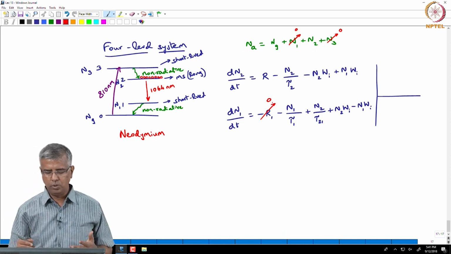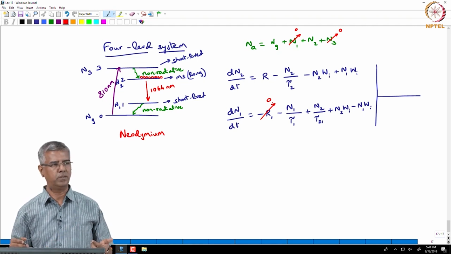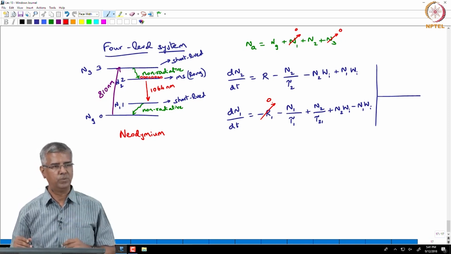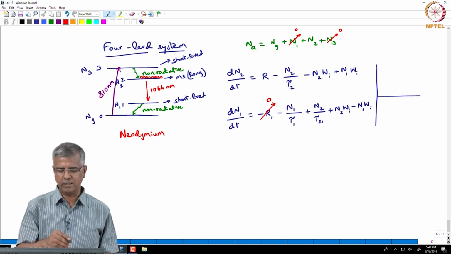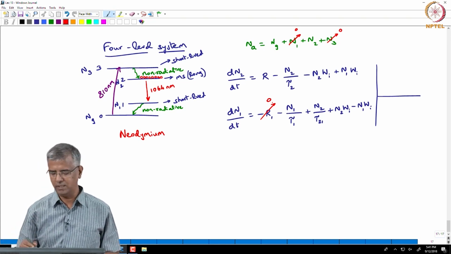So, what do we do next? What did we do in the 3 level system next? What condition did we assume? We are interested in steady state condition.